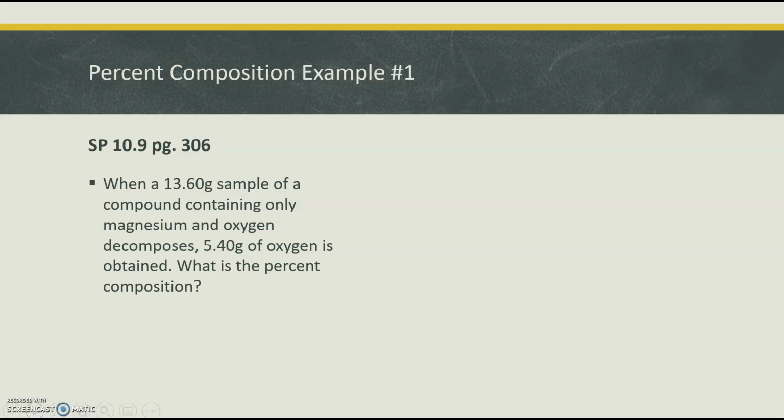In this example, we are given our total mass and the mass of oxygen. Using this information, we can create our equation for oxygen, putting the mass of oxygen, 5.40 grams, over the mass of the compound, 13.60 grams. I'm sorry, this is our compound, not magnesium.